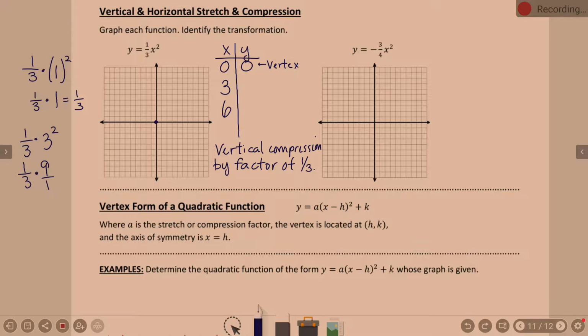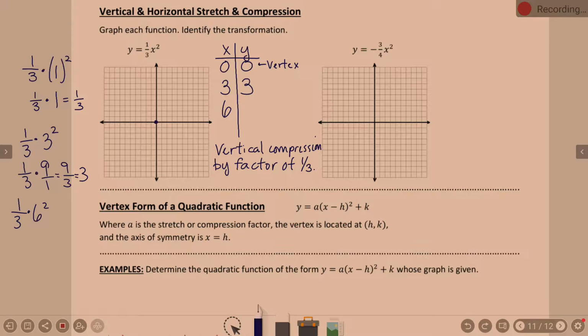You can multiply across and get 9 divided by 3, which is 3. So we're going to have 3 as a point. And I'm going to use 6. Some of you are saying, Mrs. Sargent, you're really working these out? Yes, I am, because some of you are going to get confused if I don't. So, and if no one's getting confused, well, you just get extra work from me.